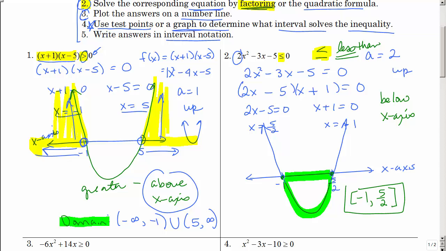All the values between -1 and +5/2, any of those x values, if you come back and plug it in here for x, you would get something less than or equal to 0. So greater than is above, less than is below.